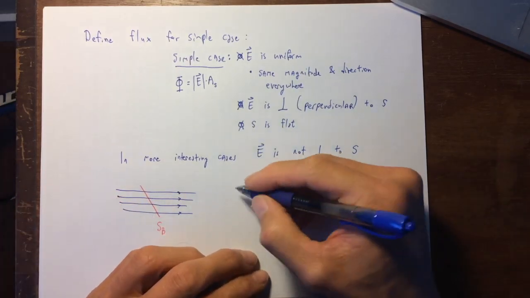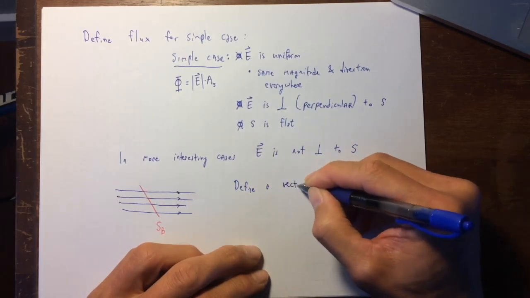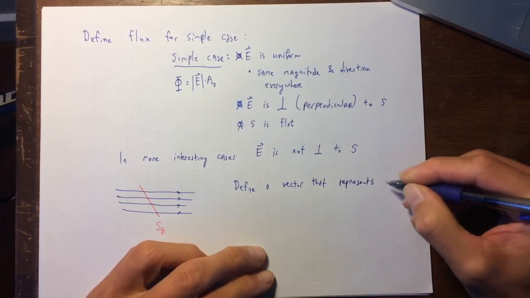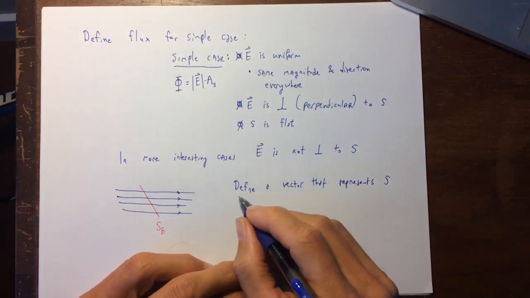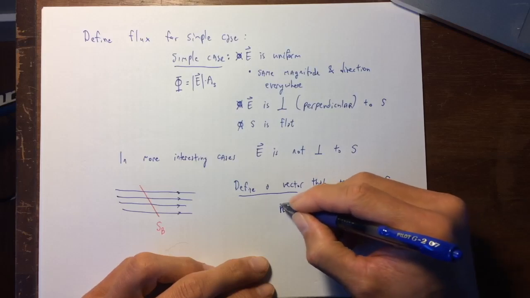What we do is define a vector that represents the surface S. This vector is often called n.